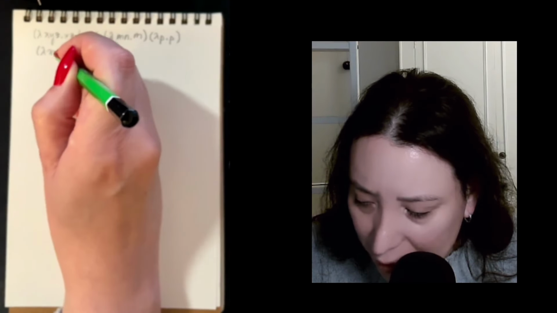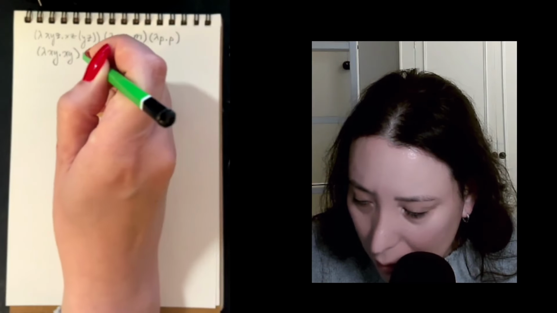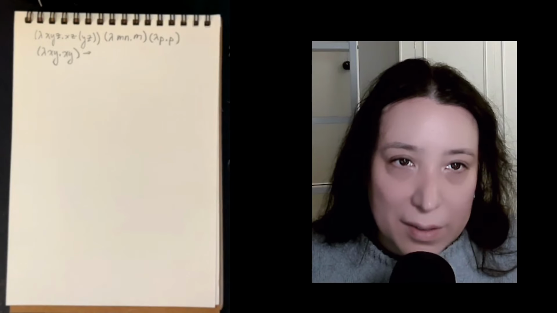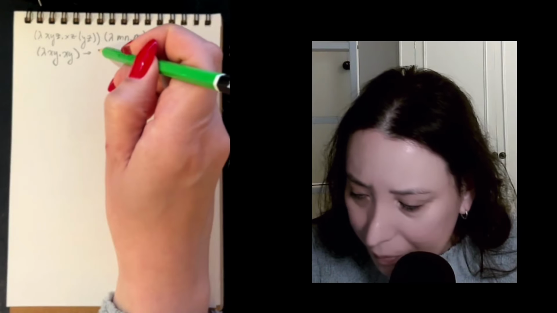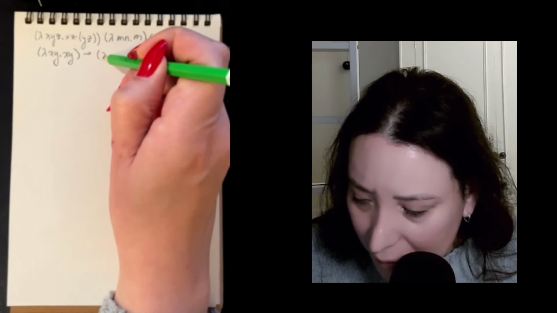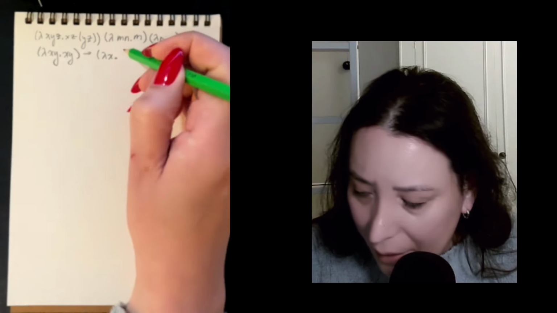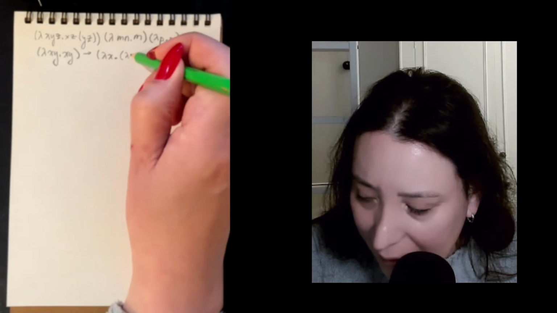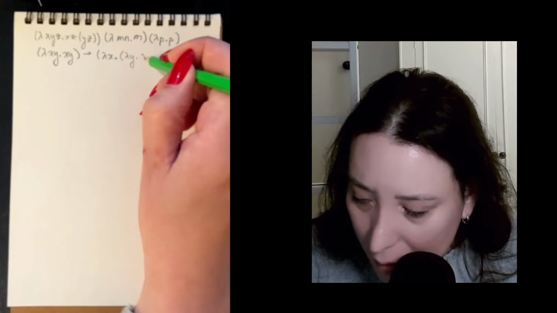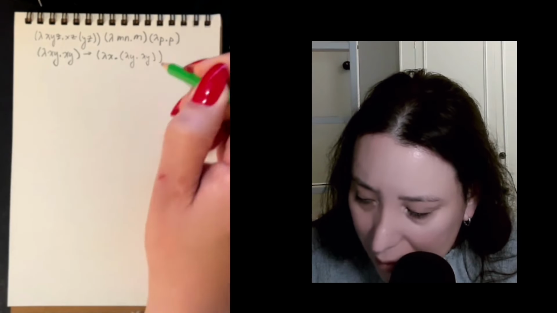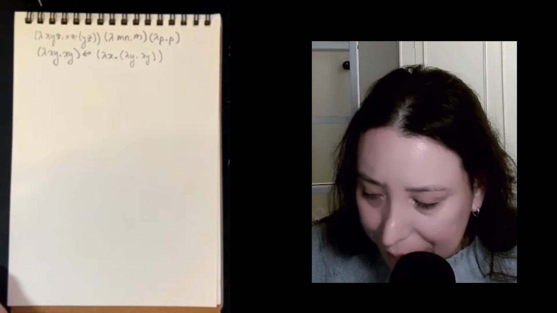If you have a function that takes in two variables, that's equivalent to having a function that takes one variable, and in the body, it returns a function that takes a single other variable and returns xy. So you see that these two things are the same thing.